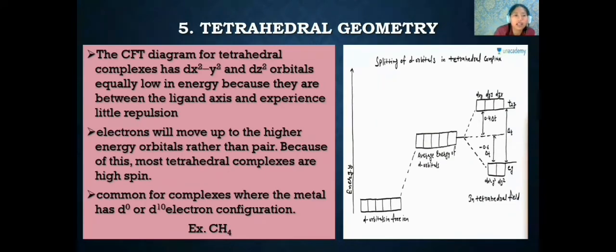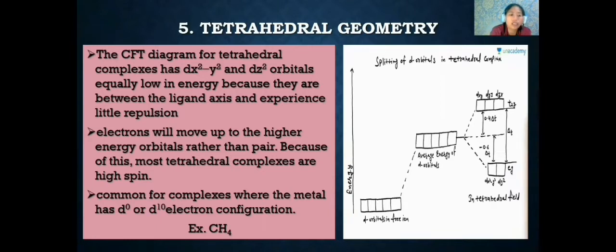So the crystal field theory diagram for tetrahedral complexes has dx² - y² and dz² orbitals equally low in energy because they are between the ligand axis and experience little repulsion.